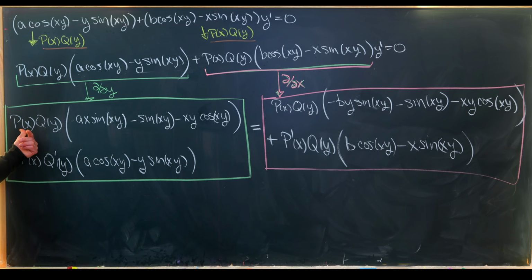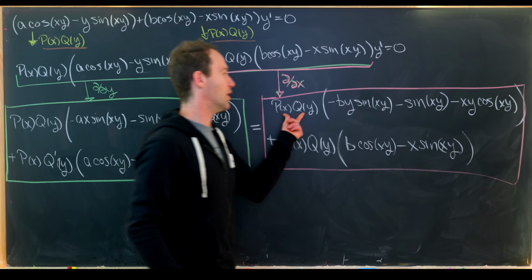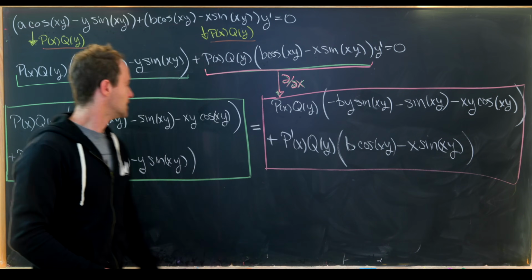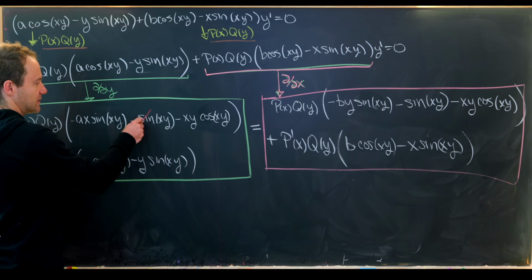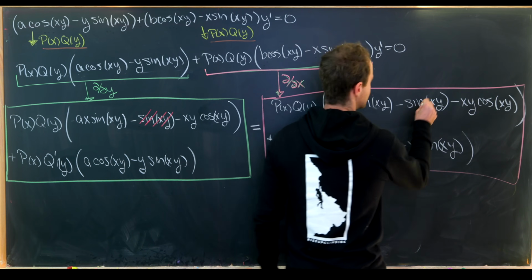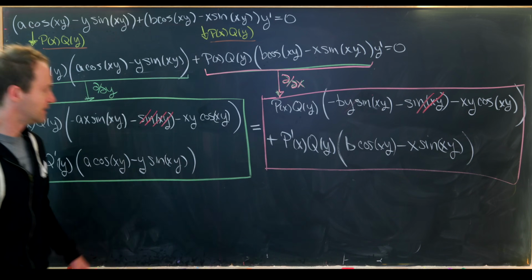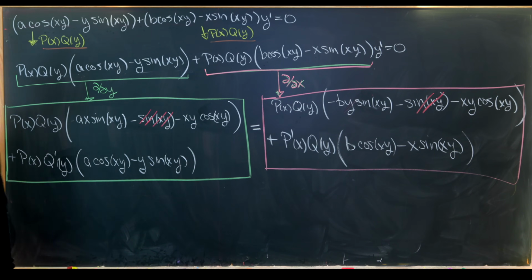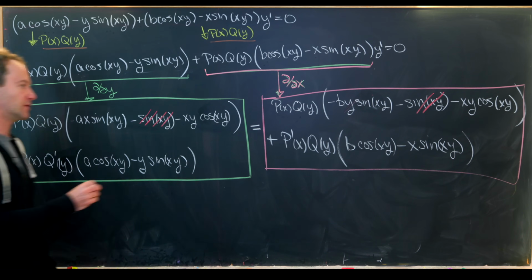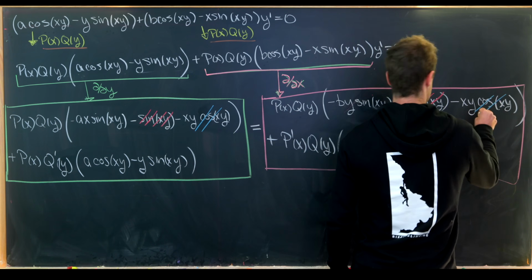So let's notice we've got a p times q times sine of xy on both sides of this equation. So we can go ahead and cancel those out. So I'll cancel this sine of xy here, and also this sine of xy here. Okay, good. Then we also have an xy cosine xy on both sides of the equation. We'll cancel that here and that here.